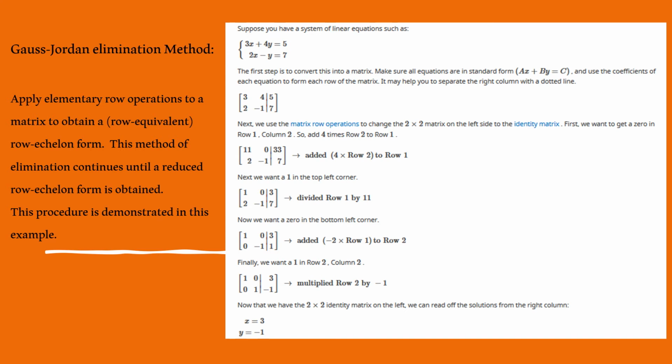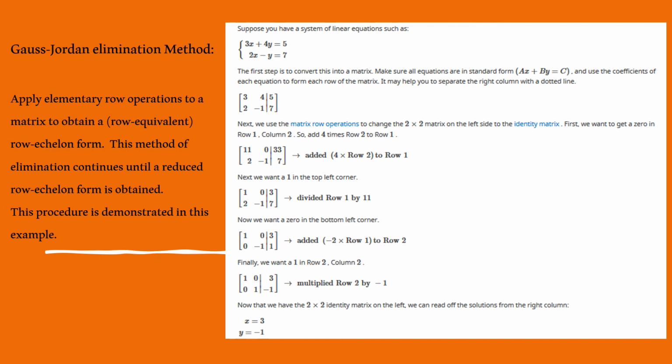And we are repeatedly using row operations and trying to make this an identity matrix. So we add, subtract, multiply, do all sorts of matrix algebra, and then try to write that as the identity matrix, and then the last column will be the answer for x and y.